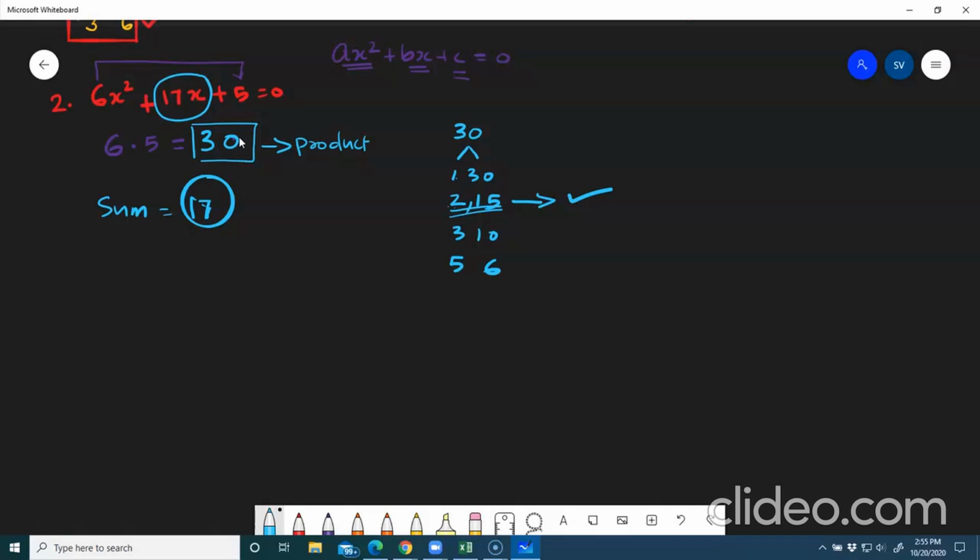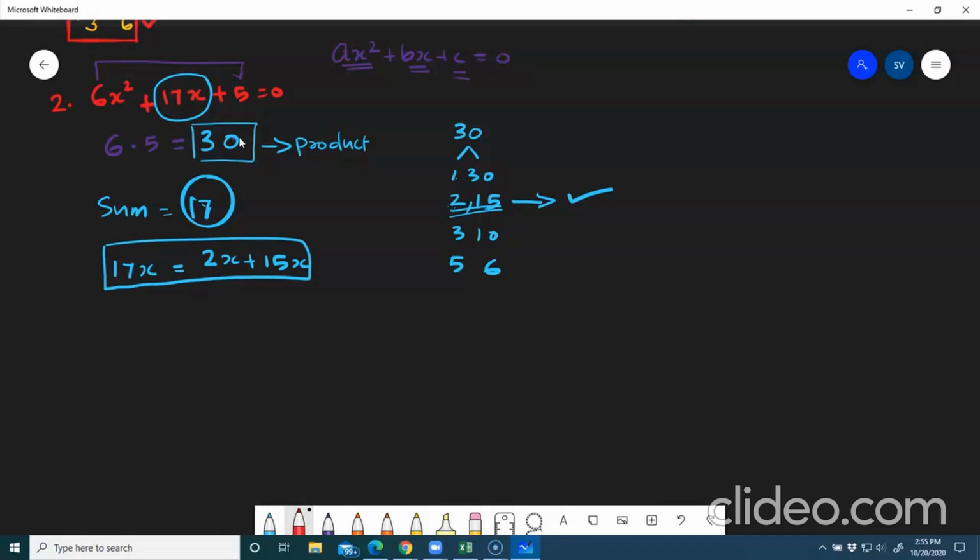Using 2 and 15, how can you write 17? 2x plus 15x is 17x. So you have to replace 17x with 2x plus 15x.